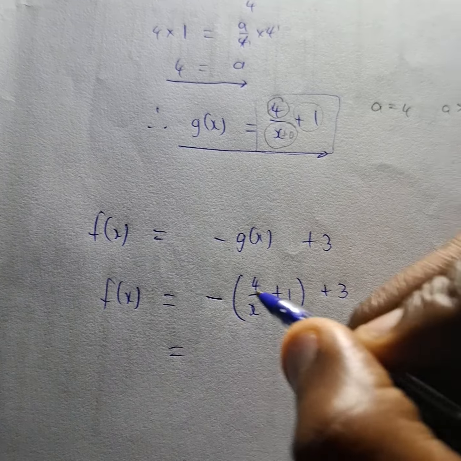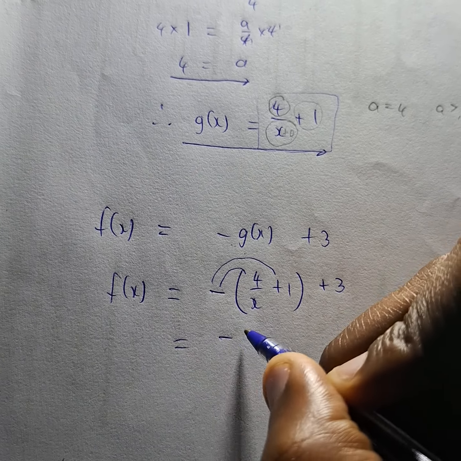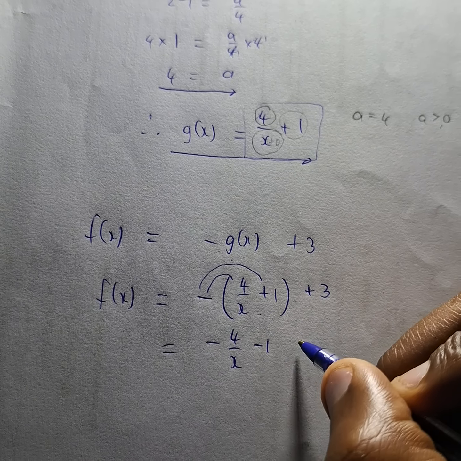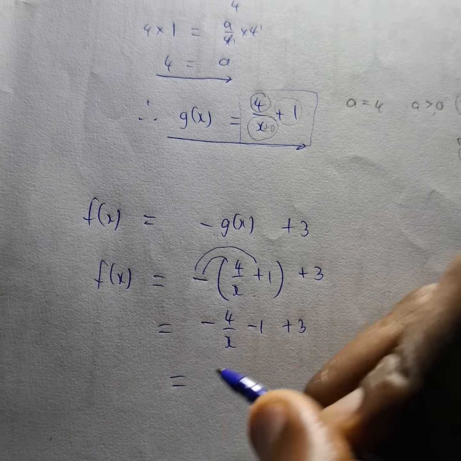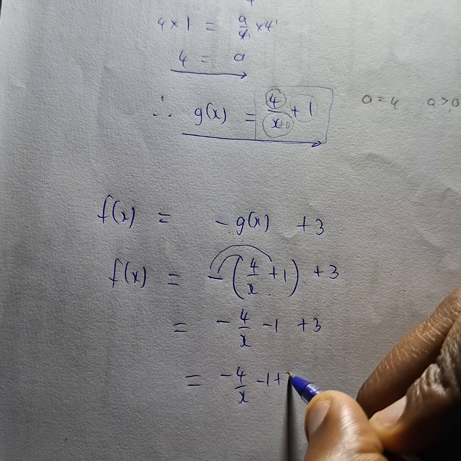Let's take this negative sign and distribute it into the function. So we have negative 4 over x minus 1. That removes the brackets, and then we add the 3. So finally our answer is negative 4 over x minus 1 plus 3.